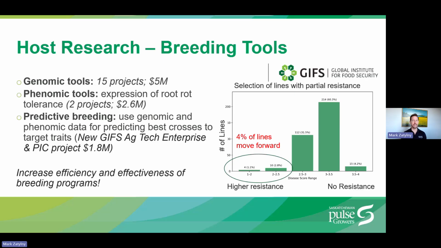It's the first of its kind in Canada and includes all pea breeding organizations, both public and private. So it's really getting everyone involved with the tool to enable breeding to progress at a quicker pace and get these varieties with resistance to growers quickly.